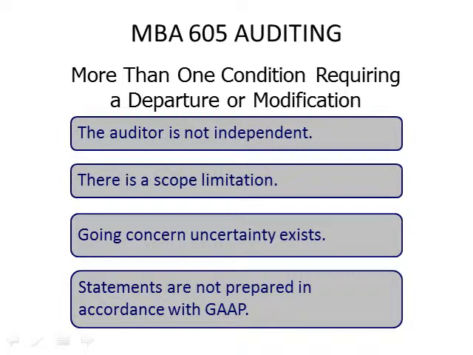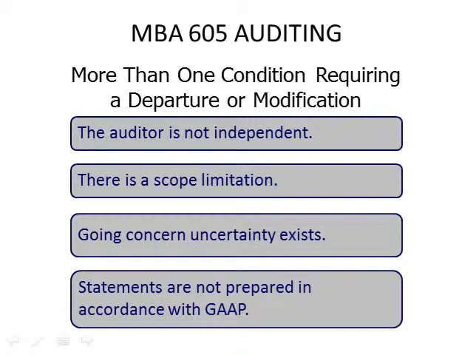More than one condition requiring a departure or modification includes items such as the auditor is not independent, there's a scope limitation, a going concern uncertainty exists, and the statements are not prepared in accordance with GAAP. Any of these items may require a departure from an unqualified report or even a modification.